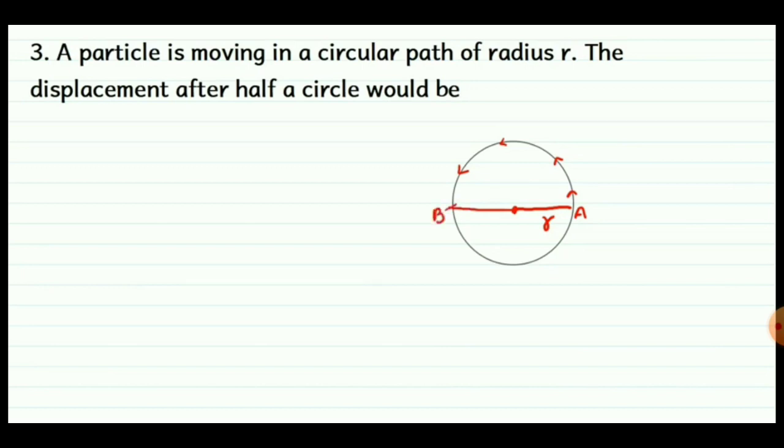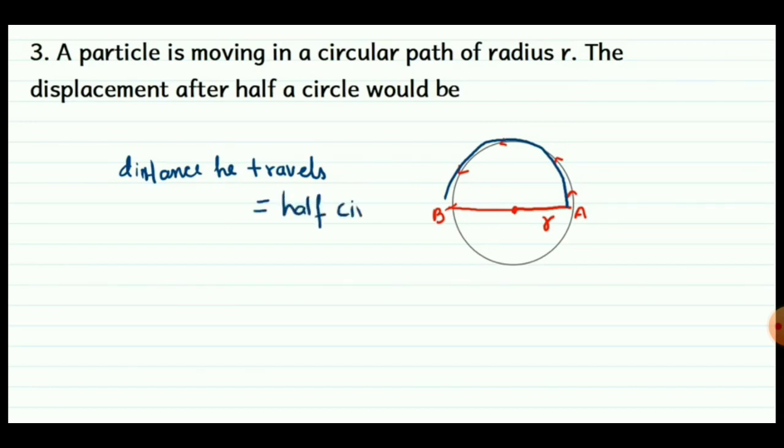So I have reached B. The length that I have covered so far is an arc from A to B. If someone asks me what distance I have traveled, then for distance I have to measure this length from A to B. But this A to B distance is a curve, that is half of the length of a circle.